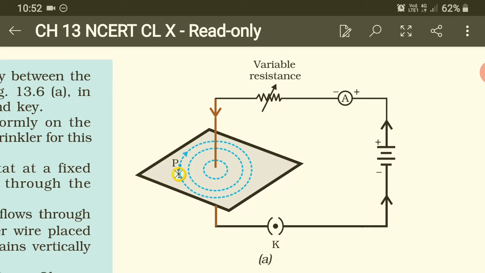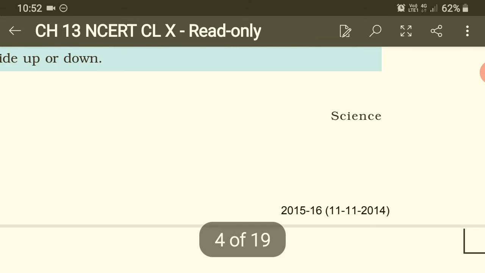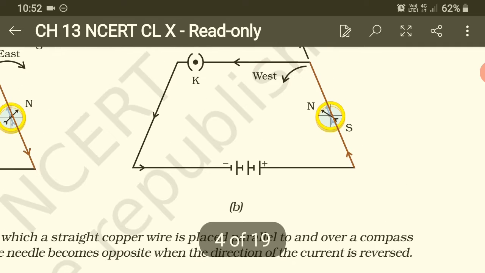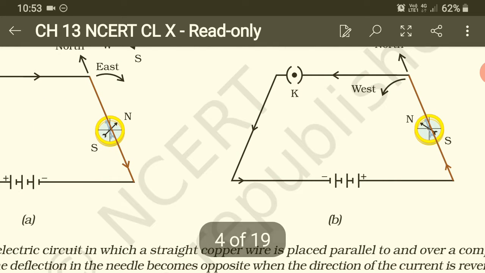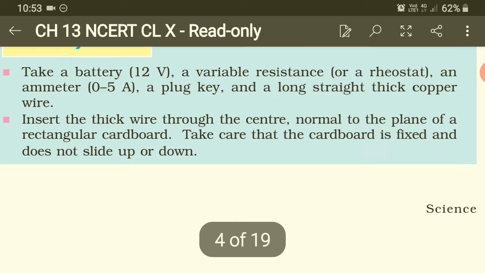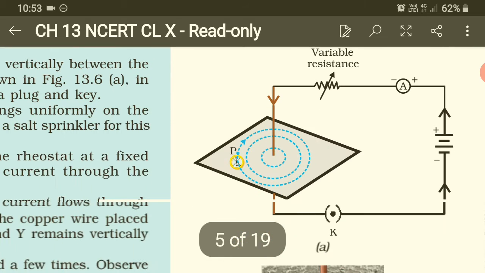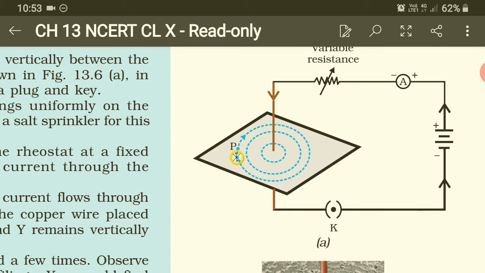In activity 13.4, if the current direction is downward, the magnetic field was towards east. But if the direction is upward, the direction of the magnetic compass was towards west. So similarly, we can conclude here that by changing the direction of current, the direction of the magnetic field can also change.